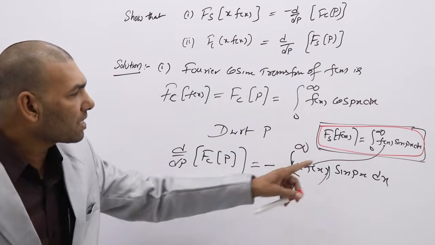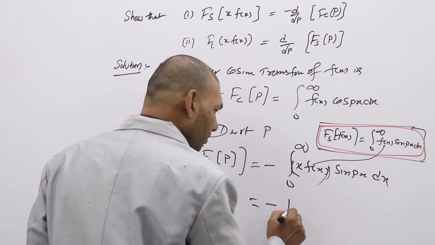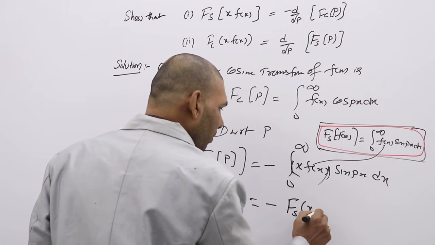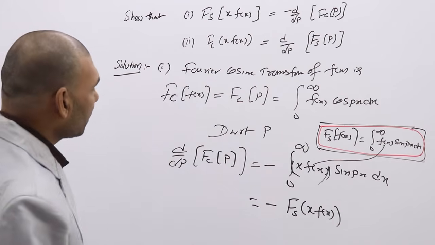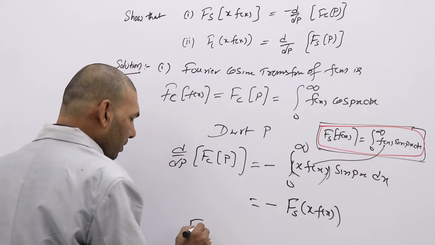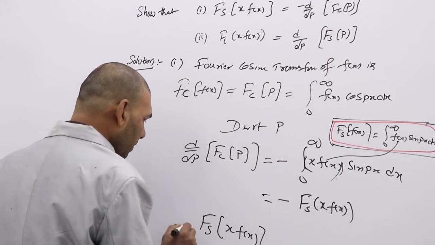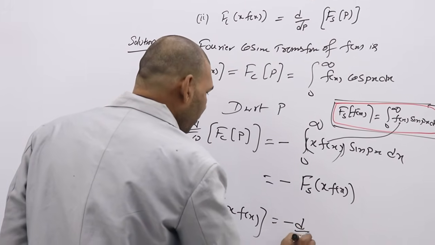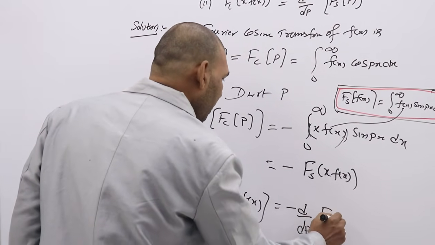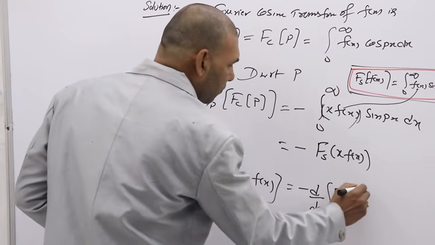So we can replace f of x with x f of x. You will get minus fs of x f of x. Therefore, send that minus to the other side: d by dp of fc of p. This is the first one we needed to prove.